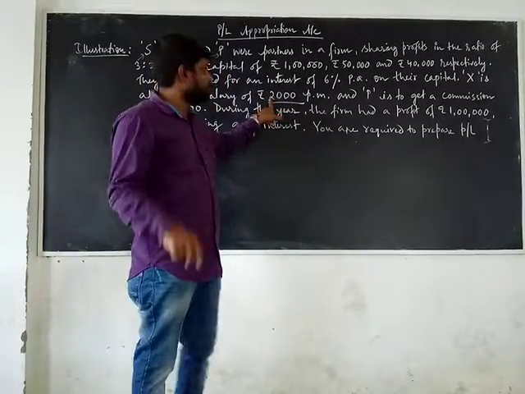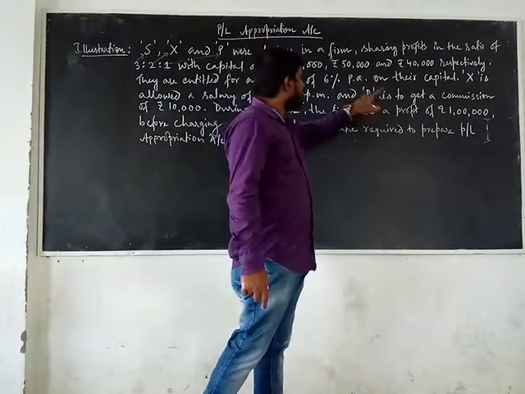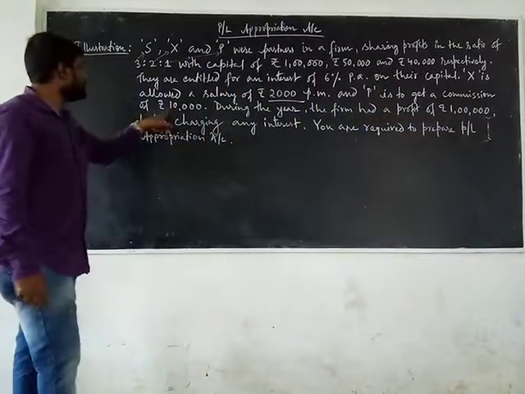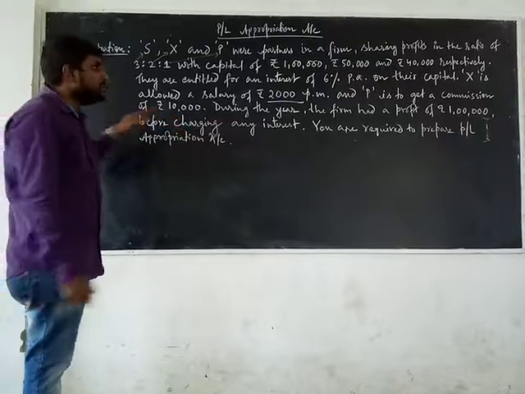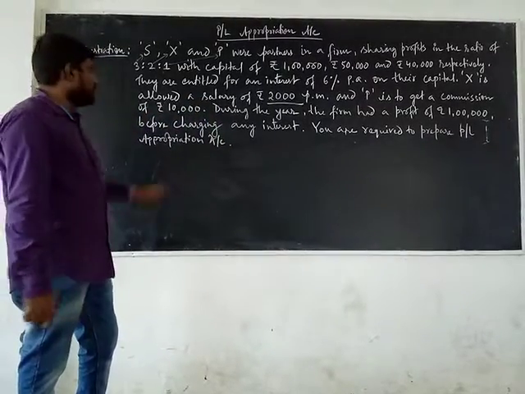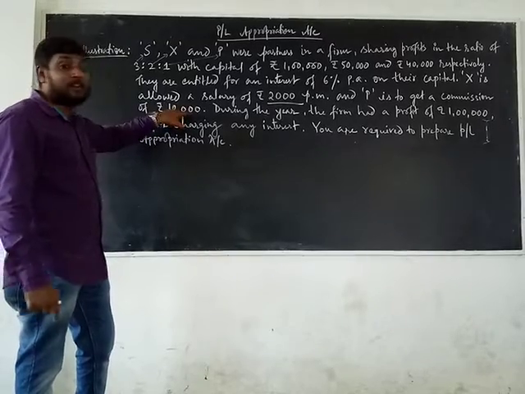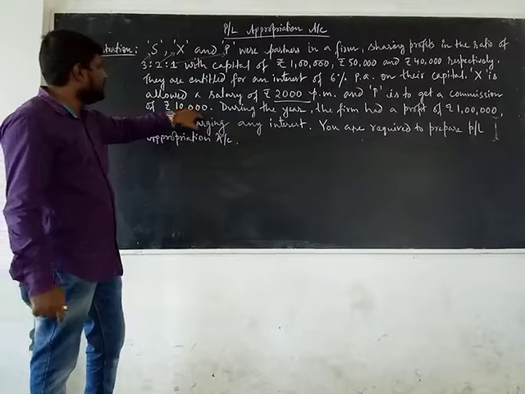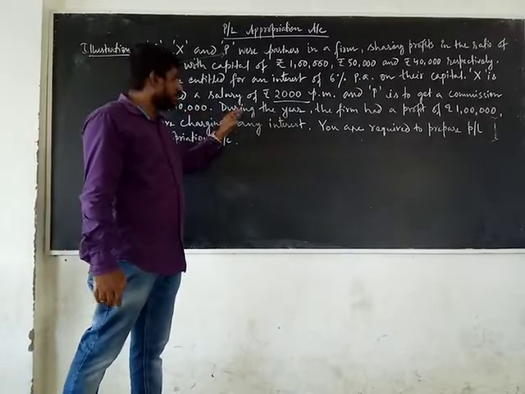Is that clear? And partner P is to get a commission of rupees 10,000. Now see, no per month or per annum is mentioned here, so we will normally consider this 10,000 as per annum, that means yearly. Up to this I think you have understood.